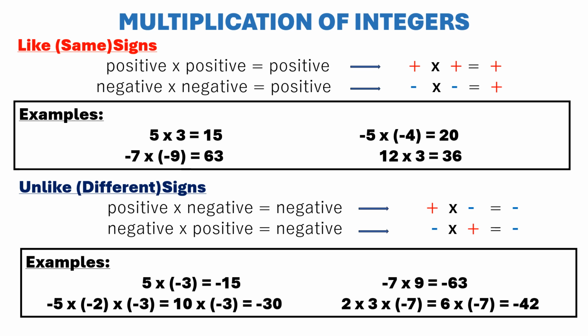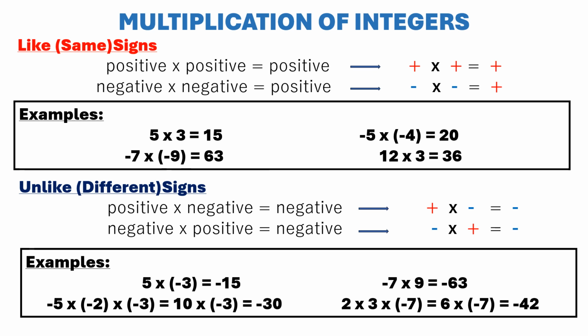And then multiply by negative 3. So 10 times negative 3, we have positive 10, positive times negative, the answer is negative. So 10 times negative 3 is equal to negative 30.